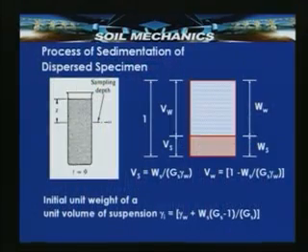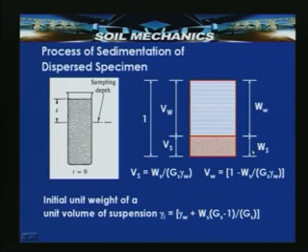So, let us consider a suspension with the original concentration at time t is equal to 0, and this can be represented as a phase diagram with weight of solids and weight of water, and volume of water and volume of solids. The total volume is equal to Vw plus Vs is equal to 1.